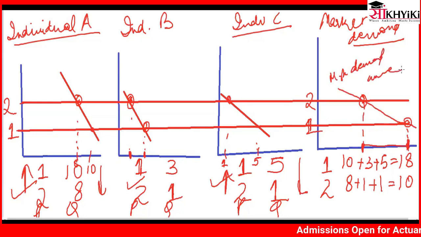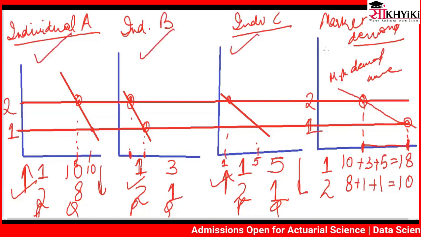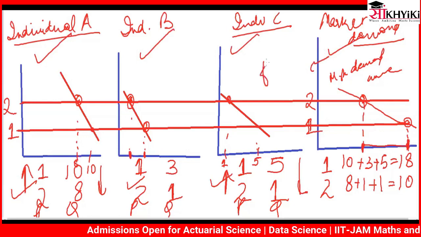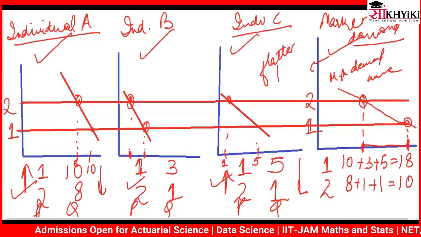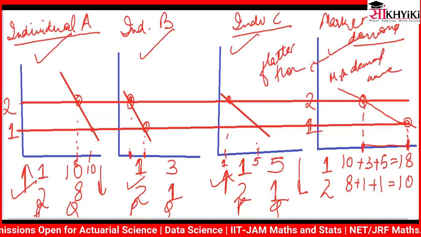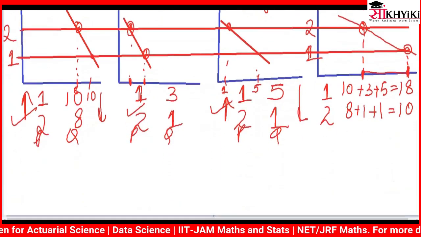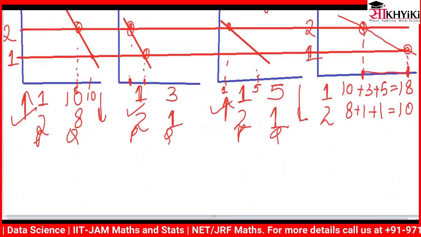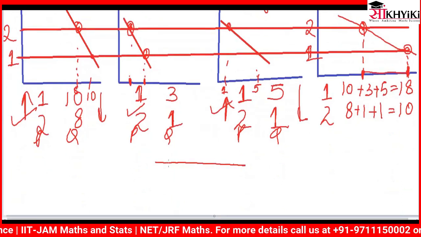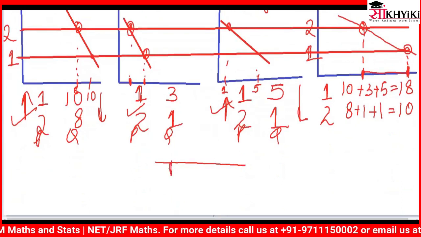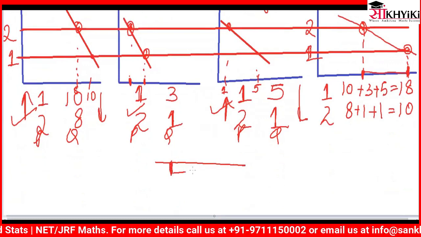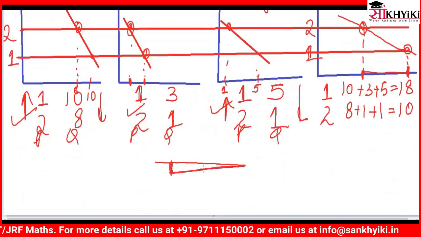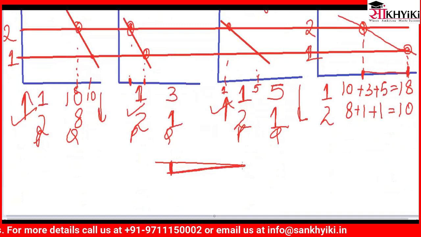Observe that because the market demand curve really is summing up individual demands, the market demand curve has to be flatter than individual demands. Now, how do I know that it is supposed to be flatter? It is going to be flatter if the change is more. For a one unit change in price, if the quantity changes by a huge amount, then it is flatter.